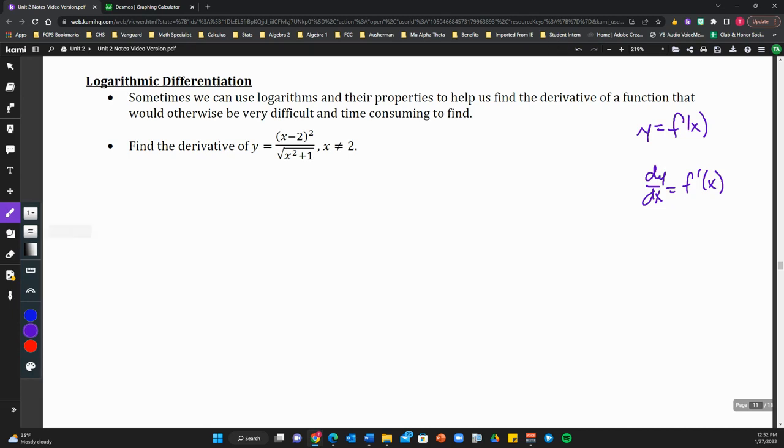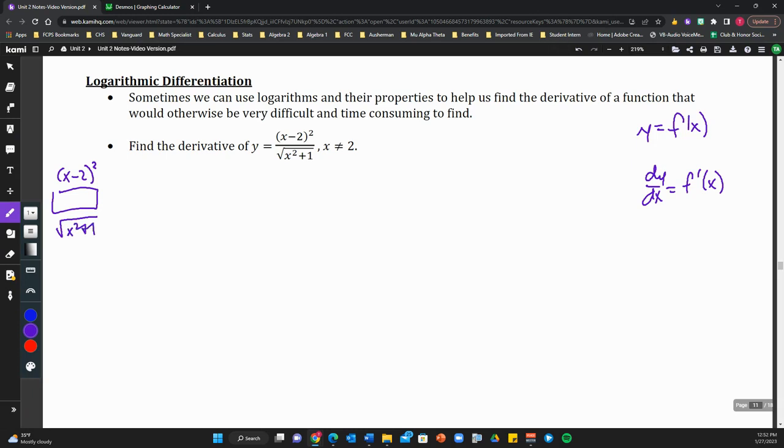So to do this, what we're going to first do now, just to explore what would be necessary, if I did not use this logarithmic differentiation process, this is a quotient first and foremost. So my first piece would be a binomial squared. That would require the chain rule to find its derivative. The second piece would be a square root function.